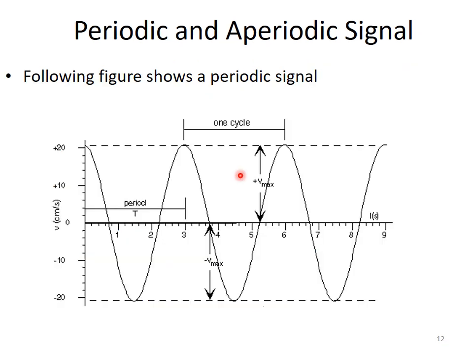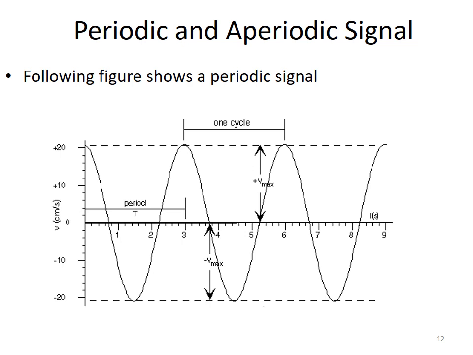You can see in this figure we have a sinusoidal waveform, and we all know that a continuous time sinusoidal waveform is actually a periodic waveform. So the period of the sine wave can be calculated from one peak to another peak value, that is called one complete cycle, and it is measured in seconds.